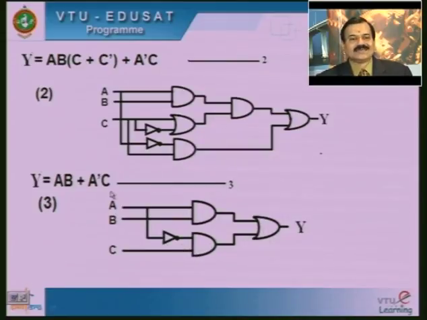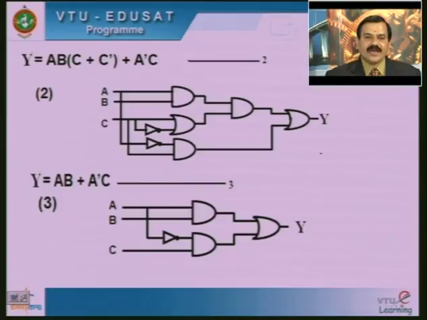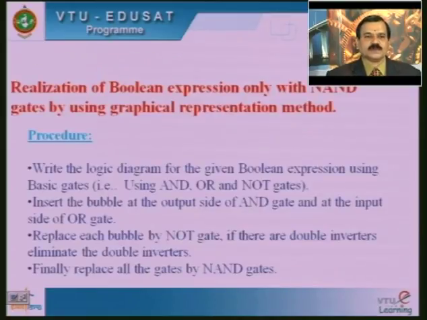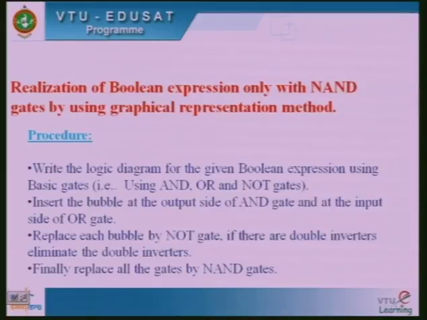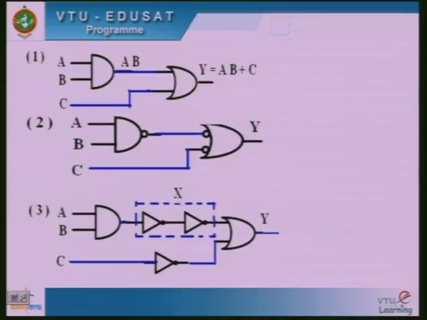So by simplifying the given expression, we can minimize the number of gates when it comes to realization of the given expression. So next, the realization of the Boolean expression only with the NAND gates by using graphical representation method.